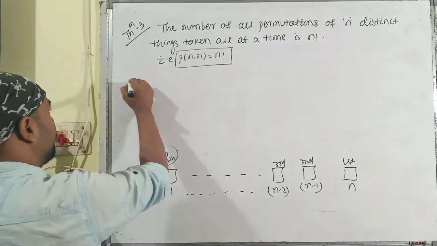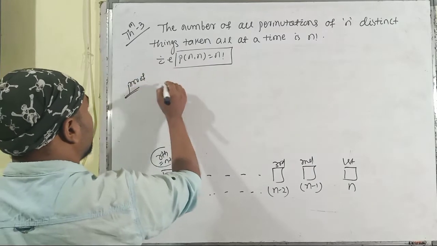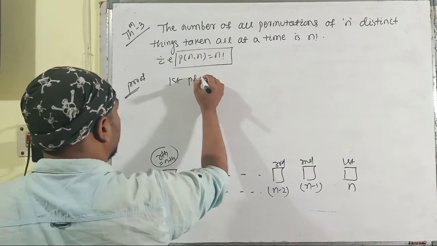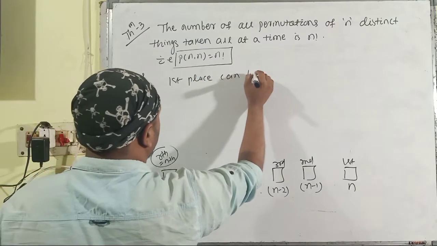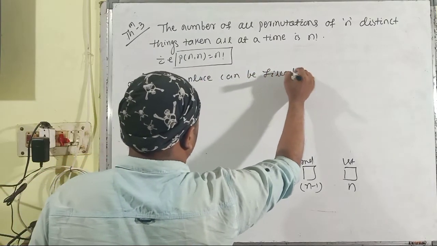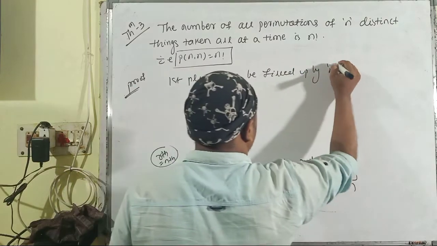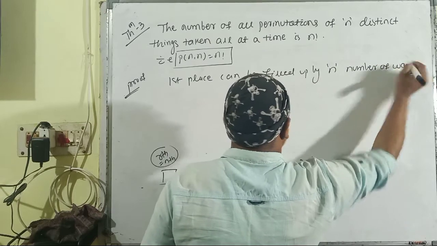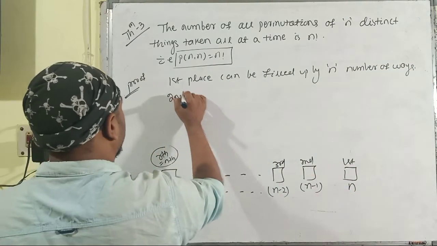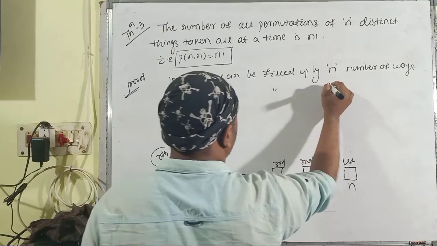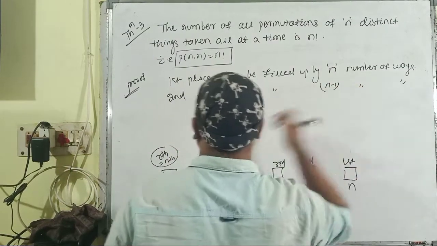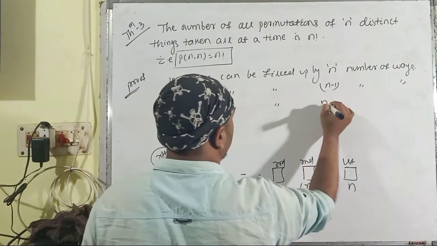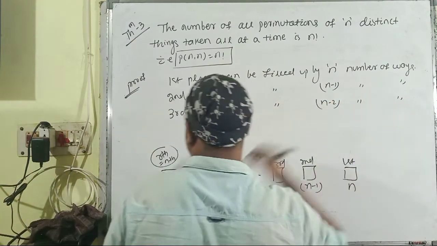Let us write down the proof here. The first place can be filled up by n number of ways. The second place can be filled up by n minus 1 number of ways. The third place can be filled up by n minus 2 number of ways.